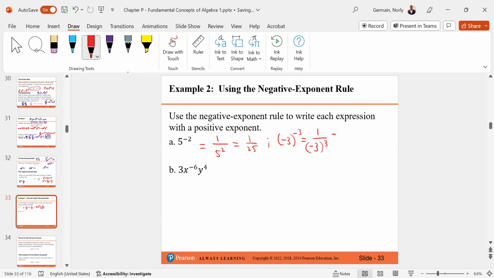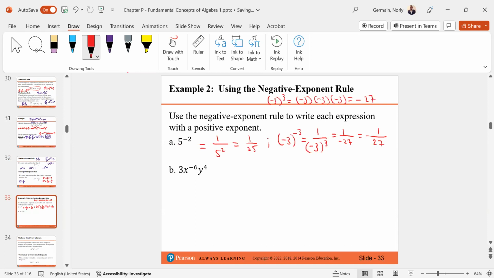Negative 3 power 3 gives you negative 3 times negative 3 times negative 3. 3 negatives is negative, so negative 27. So we're going to have 1 over negative 27. And if you put the negative in front of the fraction bar, it gives you negative 1 over 27.